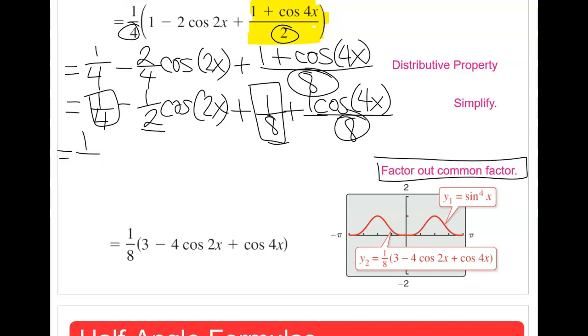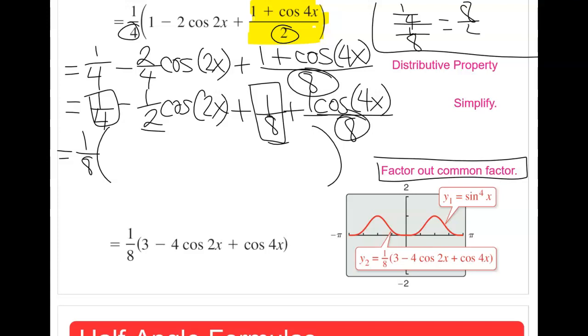So we're going to divide by 1/8, and if we divide 1/4 by 1/8, I'm going to do the scratch work over here. We have 1/4, and we want to divide by 1/8. So that is actually going to turn into 8 divided by 4, which is 2. So we have a 2 here.